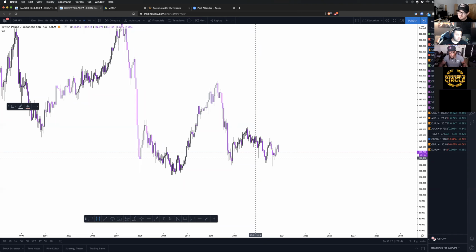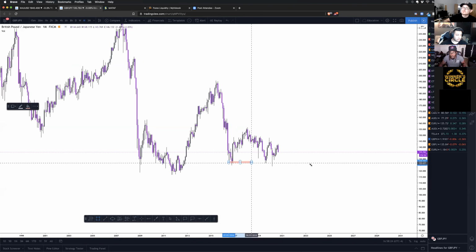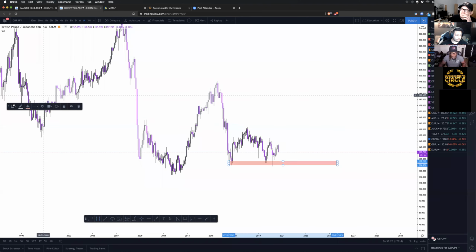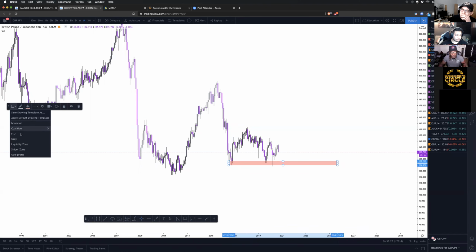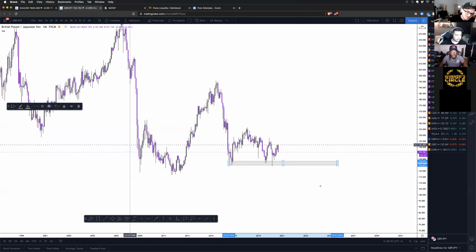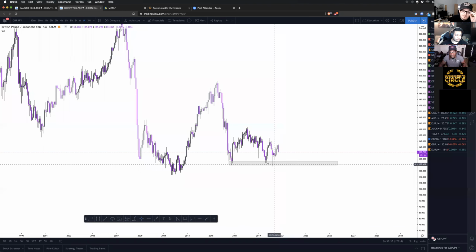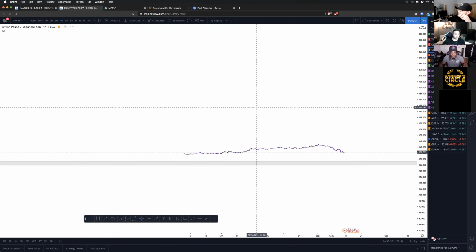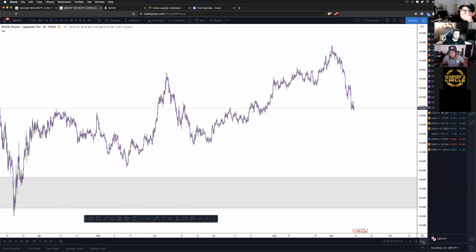But like Jordan said, I don't typically leave, let's say, a monthly demand zone or supply zone on my chart all the time when I go into lower time frames, because sometimes it'll get a little bit too big. So let me see if I can see that in the lower time frame. Okay.